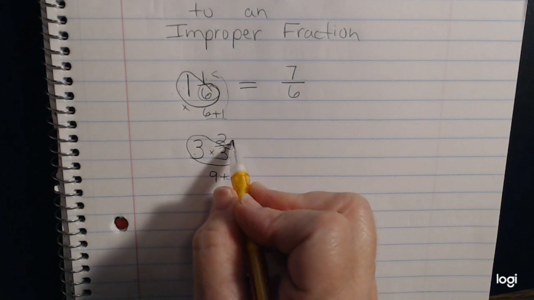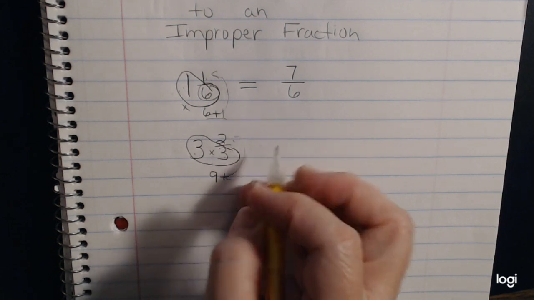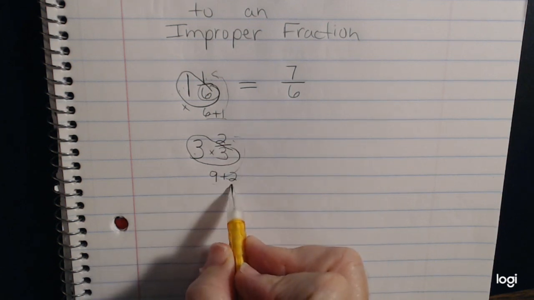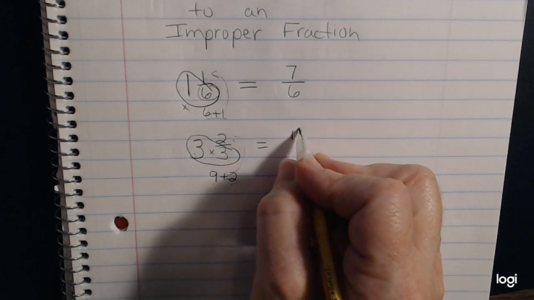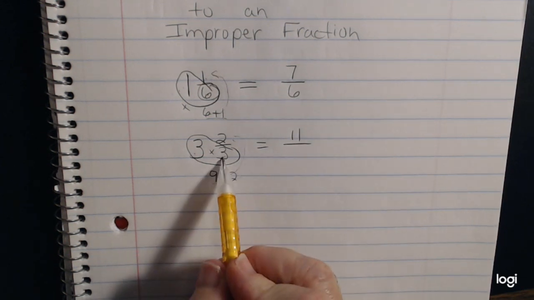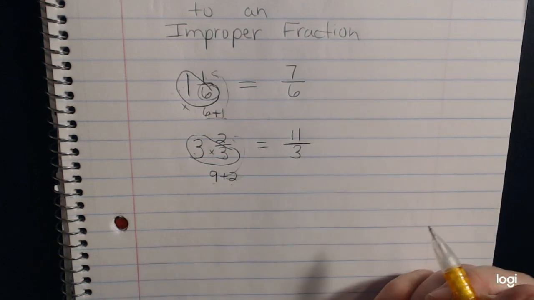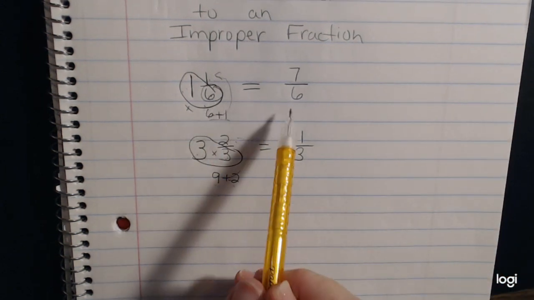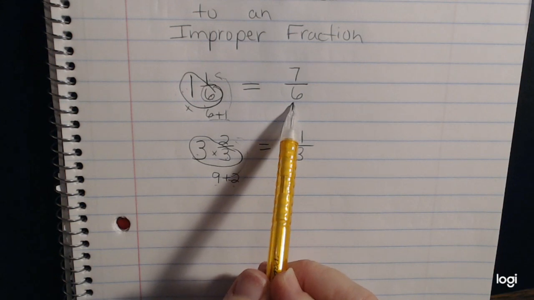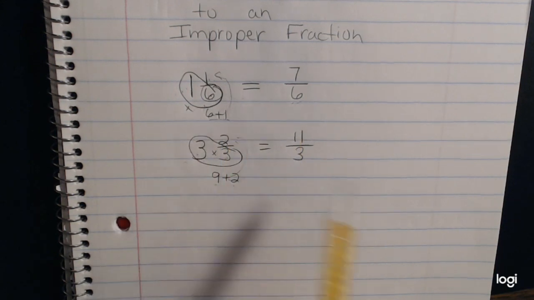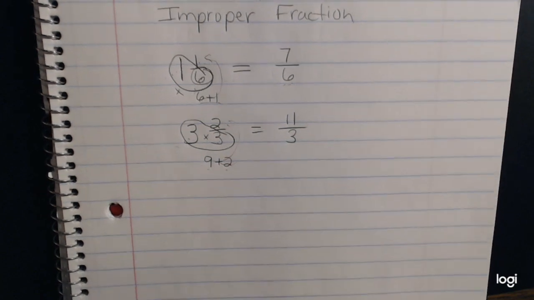Now we have to add the numerator, which is 2. 9 plus 2 is 11. Take our denominator and we just bring it straight across. These are mixed numbers. These are improper fractions. They are equivalent or equal to each other.